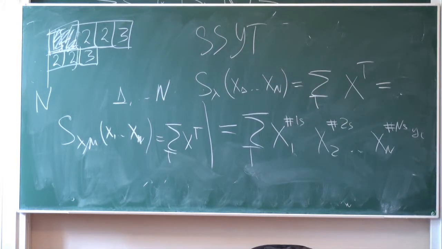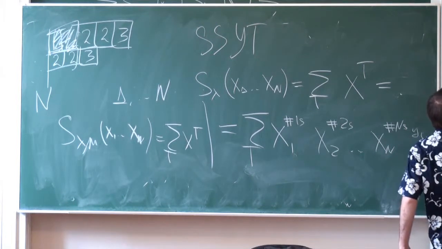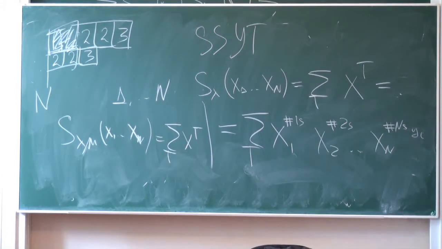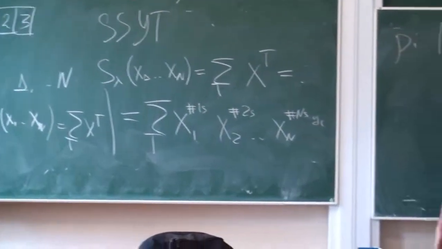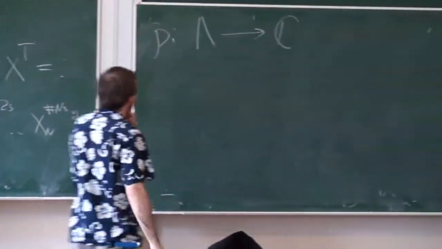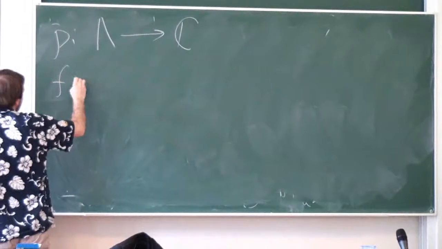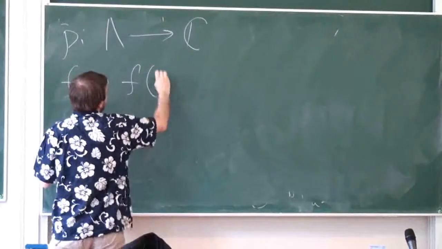And we will come back to specializations, which were discussed at the end of the previous tutorial. So recall that a specialization is just a homomorphism from the ring of symmetric polynomials to the complex numbers, that we usually define so that the function f is mapped to f of rho.